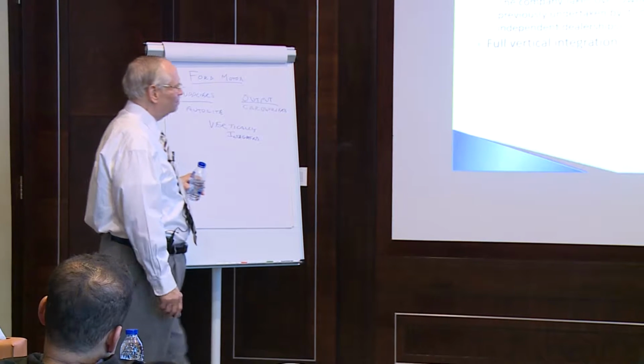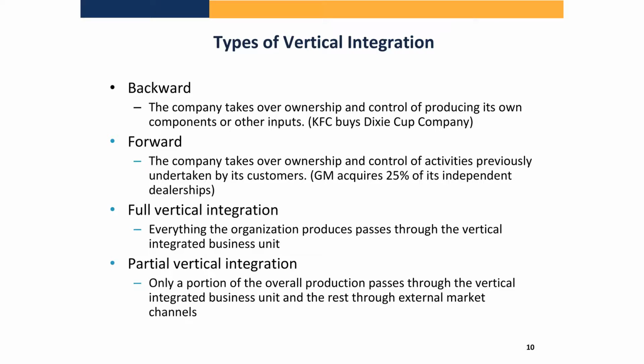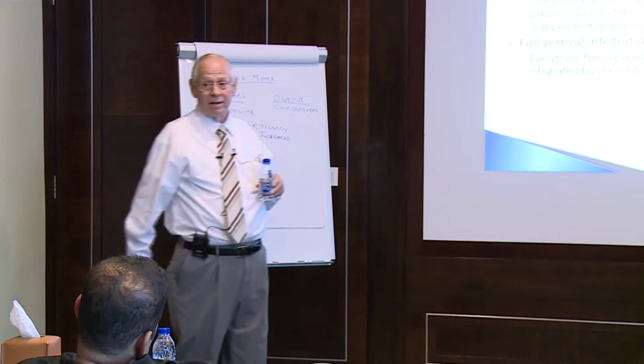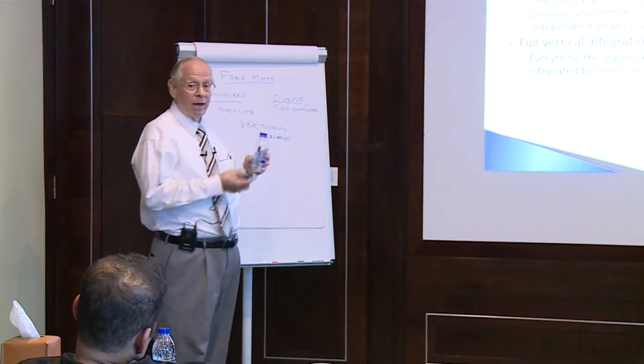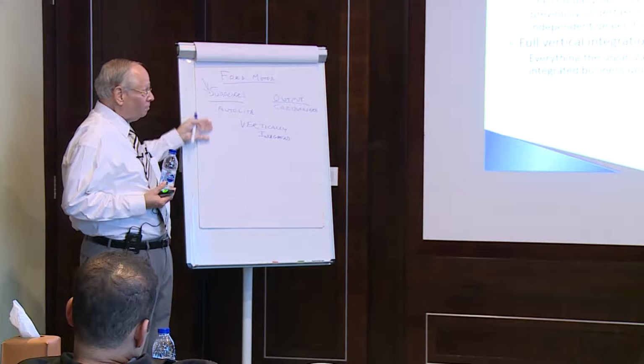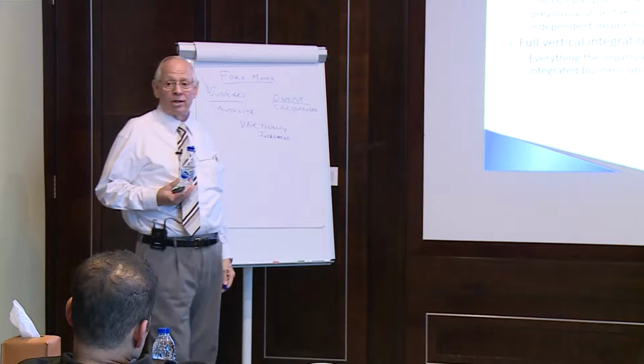So full vertical integration occurs when everything the organization produces passes through the vertically integrated business unit. If you own everything on the supply side and everything on the output side, then you are totally integrated. Ford is pretty close now to full vertical integration.